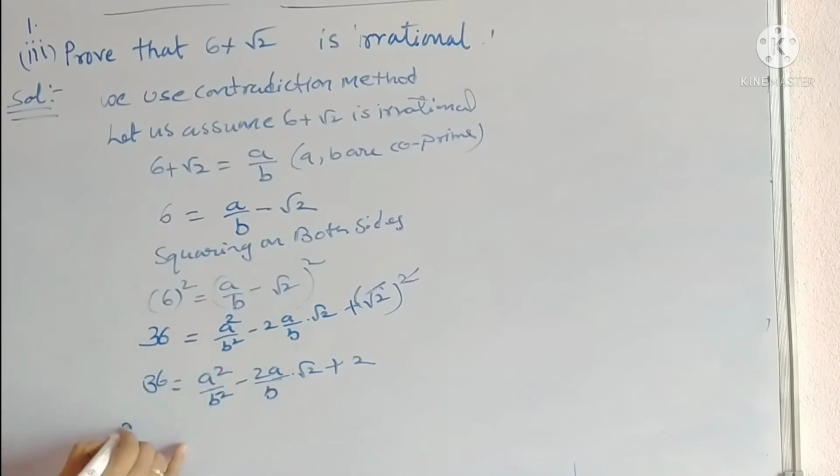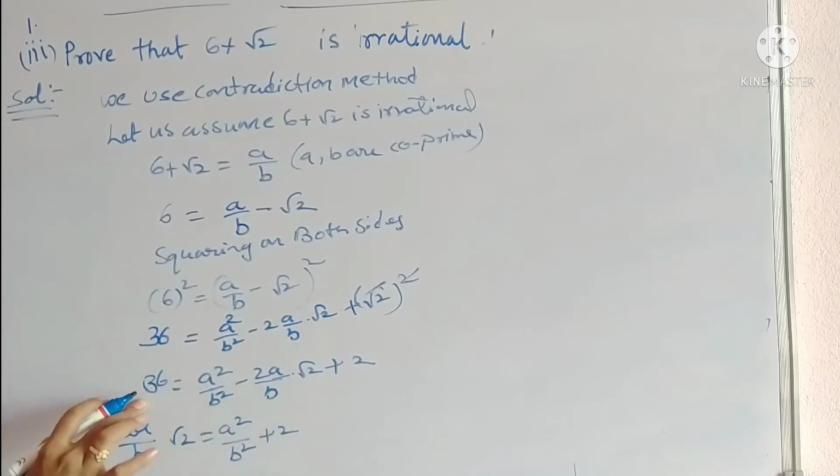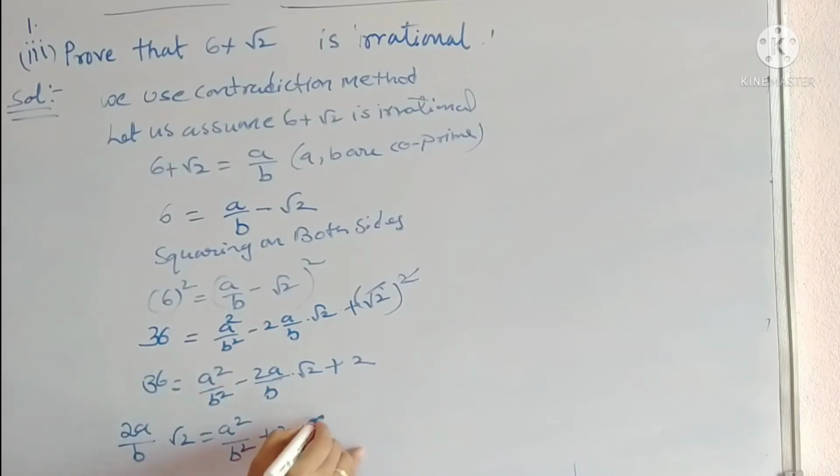If we transpose this root 2 term to LHS, it becomes plus. And if this 36 comes to RHS, it is minus 36. 2a by b into root 2 equals a square by b square plus 2 minus 36, which is minus 34.